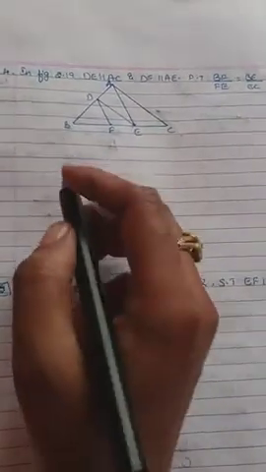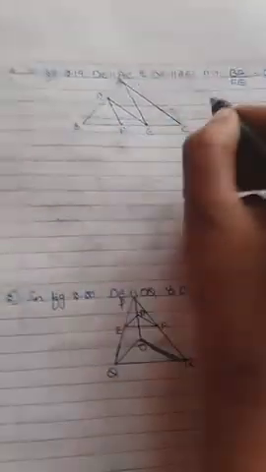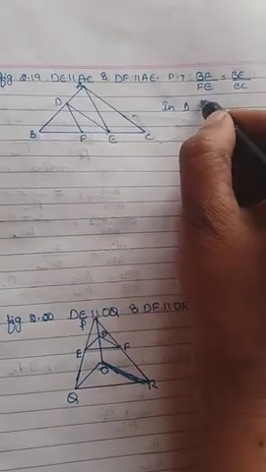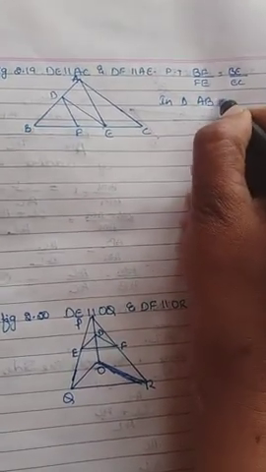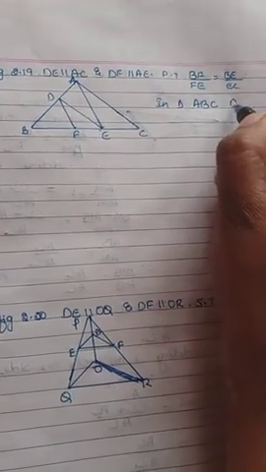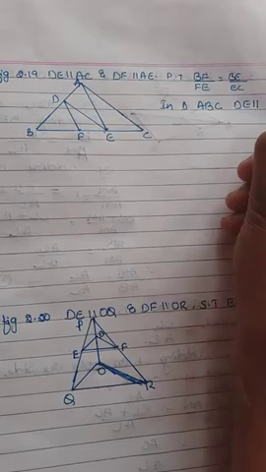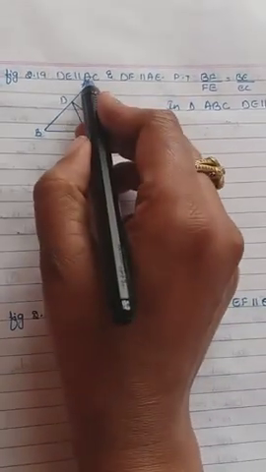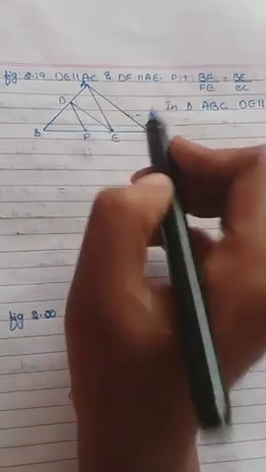Don't get confused, because they only gave it. First we have to take the big triangle, that is triangle ABC. They have given DE parallel to AC.